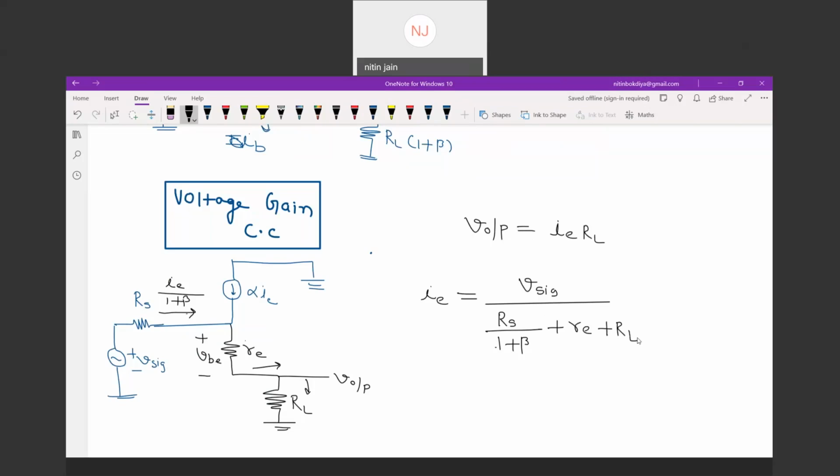This is the value of the emitter current. And what is the output? You can say V output for the circuit is given by IE into RL.